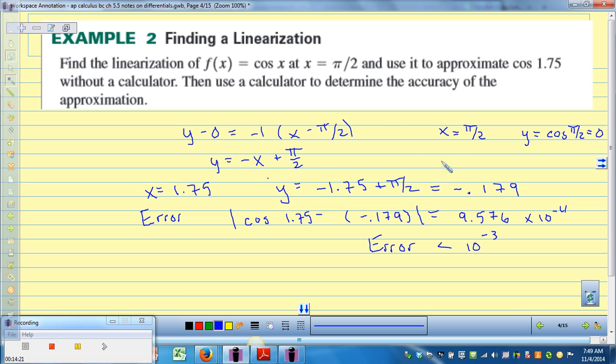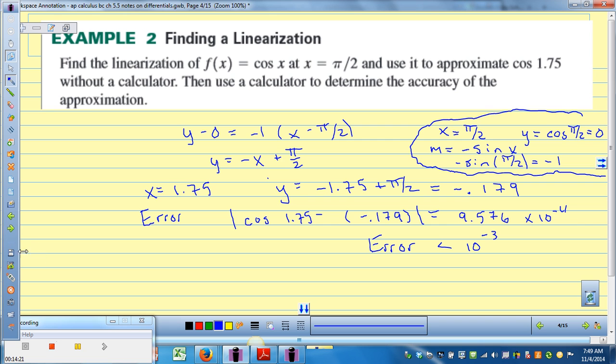And then the slope, m, is going to be the derivative of cosine, so that's negative sine of x, and negative sine of pi half is negative 1. So that's where all the parts are coming from, okay? All right, anything else on this one? Okay, let's move on.